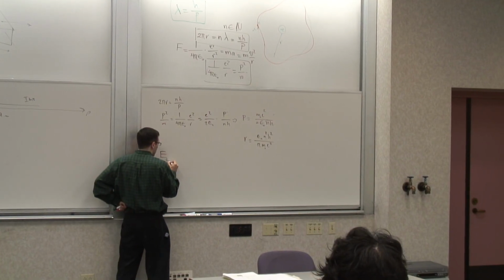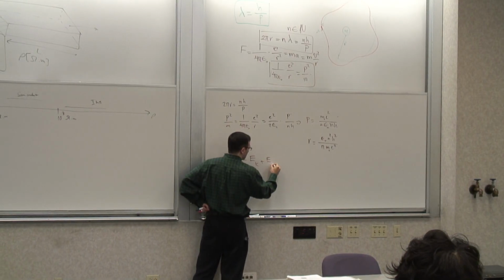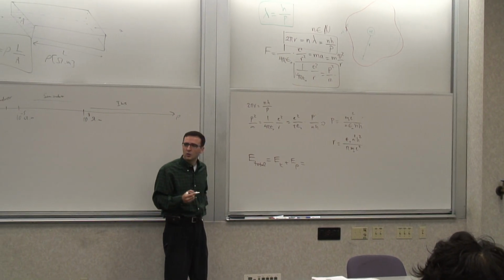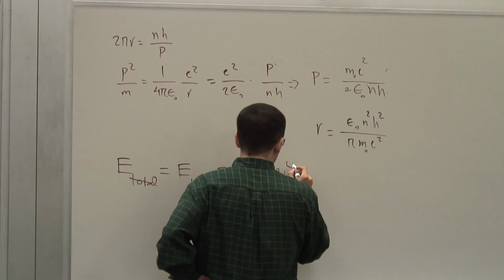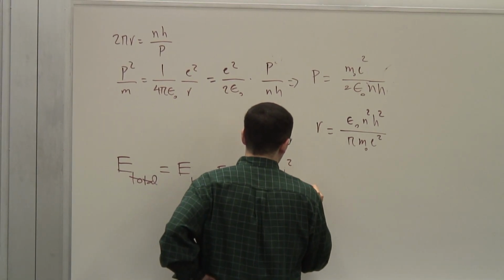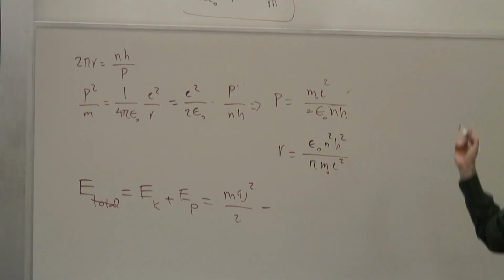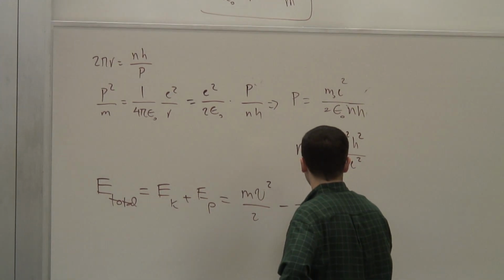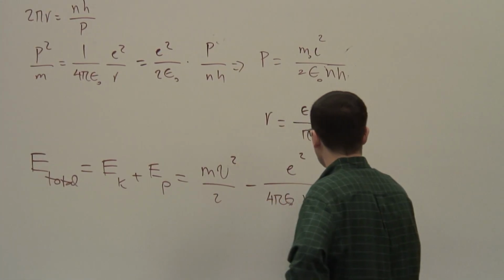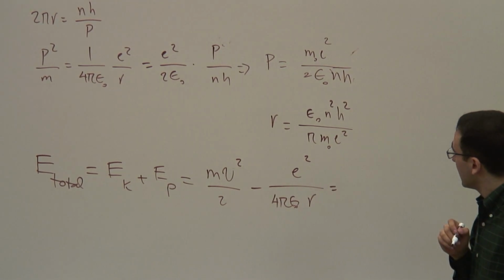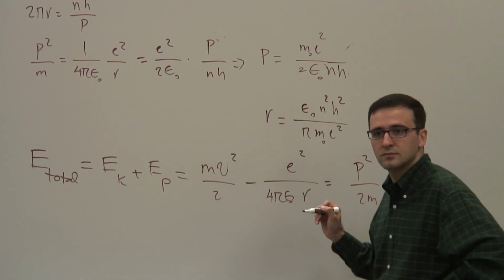So the total energy is going to be the sum of the kinetic energy and the potential energy. What is the kinetic energy? 1/2 mv squared, right? So it's mv squared over 2. And what is the potential energy? It's the electrostatic energy, right? Which is negative because it's a product of the two charges. One is positive, one is negative. So it's minus e squared over 4 pi epsilon naught r. And that's the total energy. So let's see. I can rewrite this as p squared over 2m, right? Momentum.